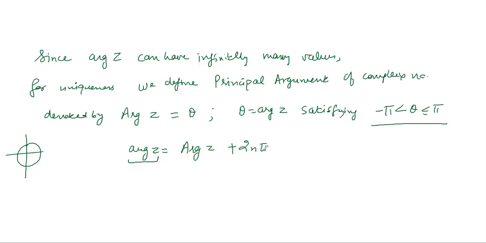अब इसको लिखने के दो तरीके होते हैं, या तो आप plus minus 2n pi कर दो, और n क्या है आपका positive integer, right?